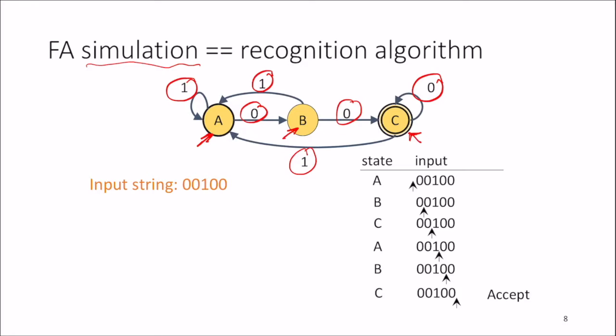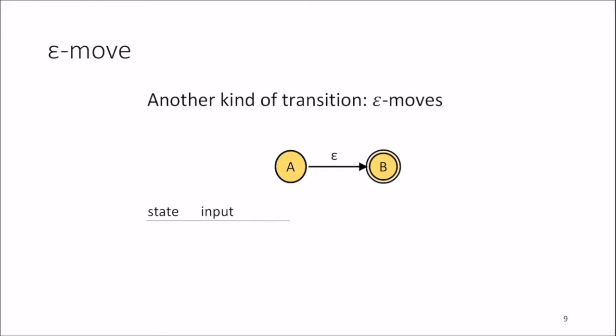So now let's make our finite state machines a little bit more expressive. Let's introduce another kind of transition, which is on an empty string. We call that an epsilon move. So it's a transition on epsilon.